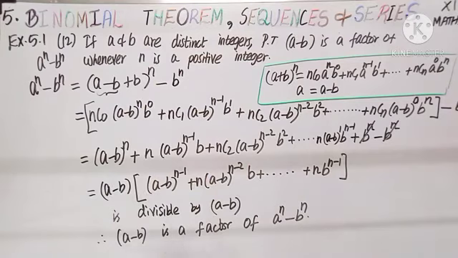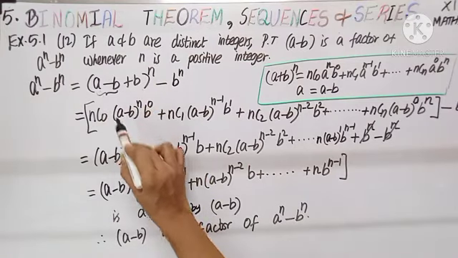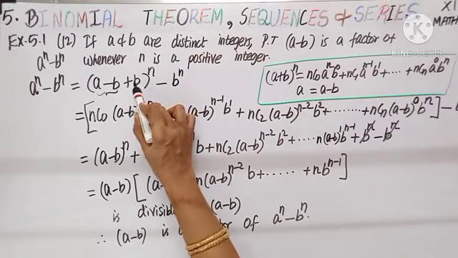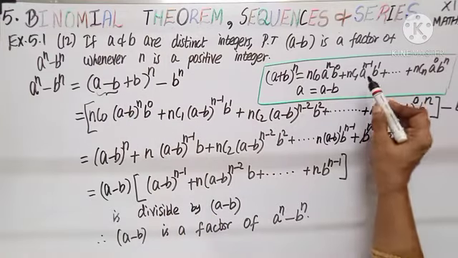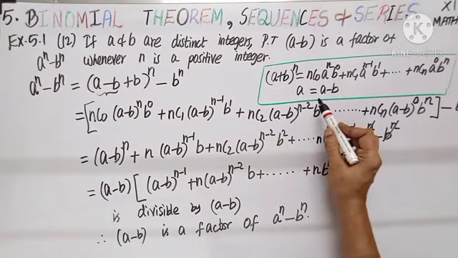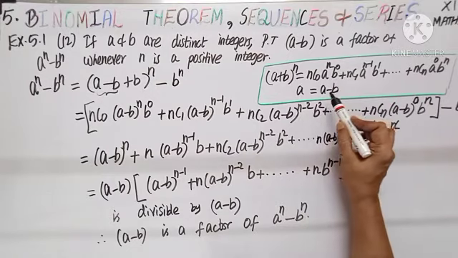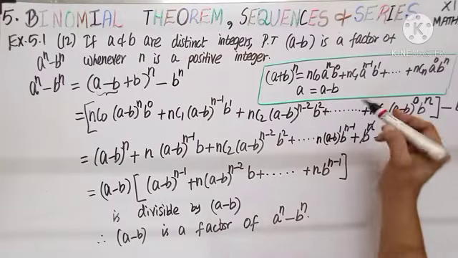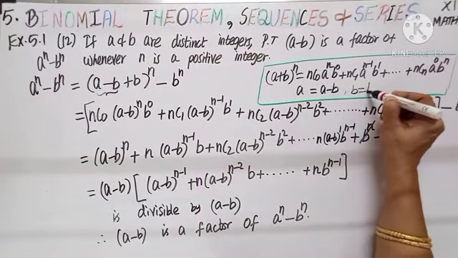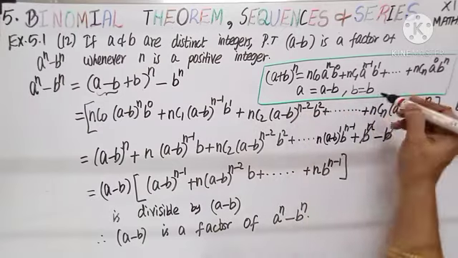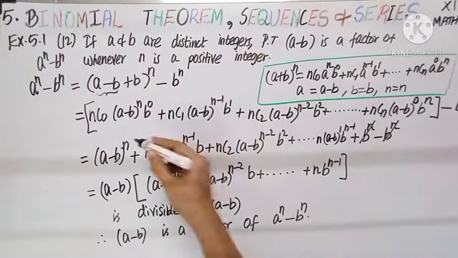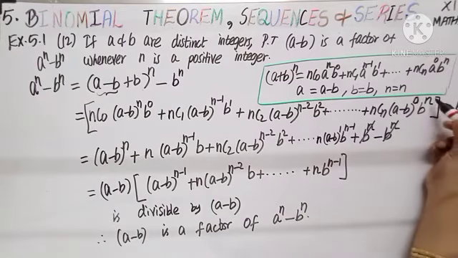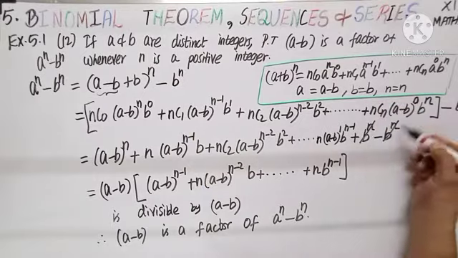Now, a minus b I consider as the first term, b as the second term. We know the expansion in which I substitute a minus b wherever a comes, b wherever b comes, and n wherever n comes. As I substitute, I have the last term b power n, and this minus b power n gets cancelled.